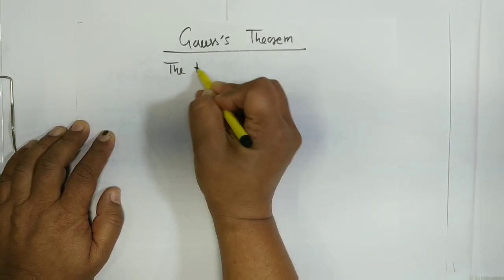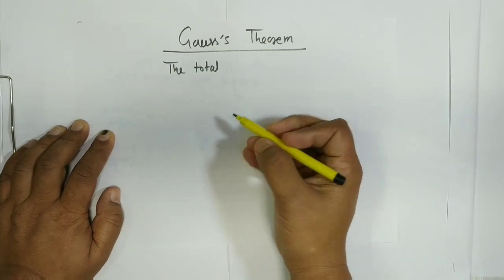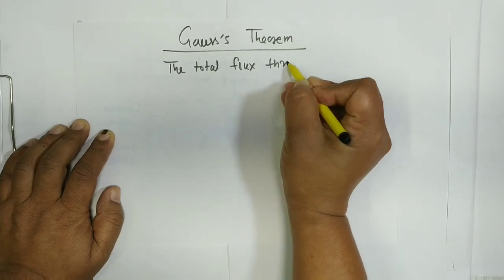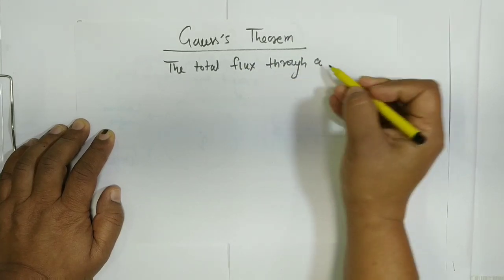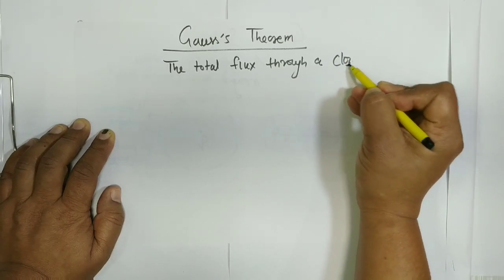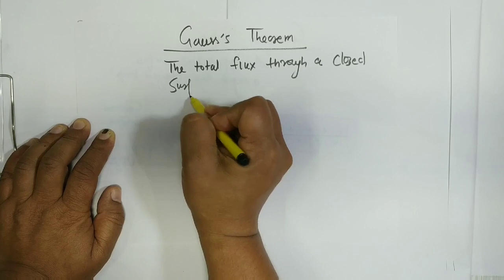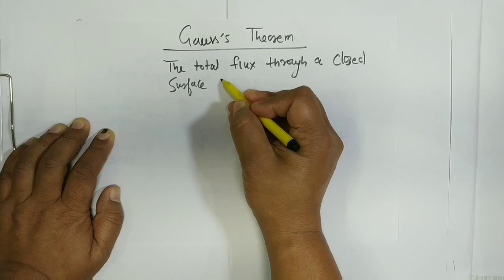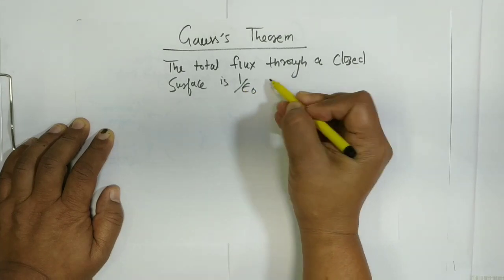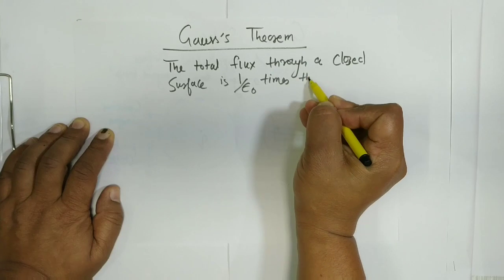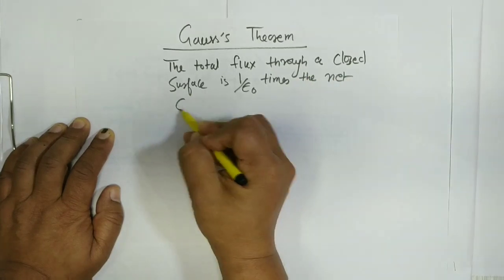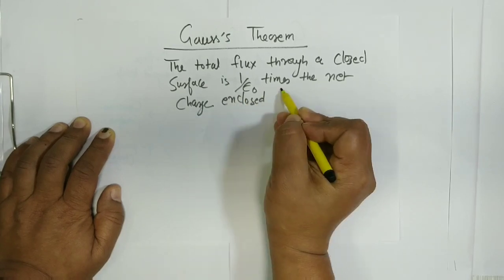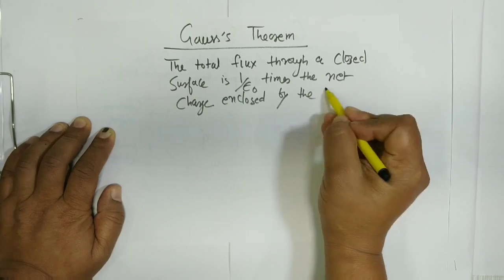The total flux, that means electric flux through a closed surface, that means it is acting on a closed surface, is 1 upon epsilon naught times the net charge enclosed by the closed surface.